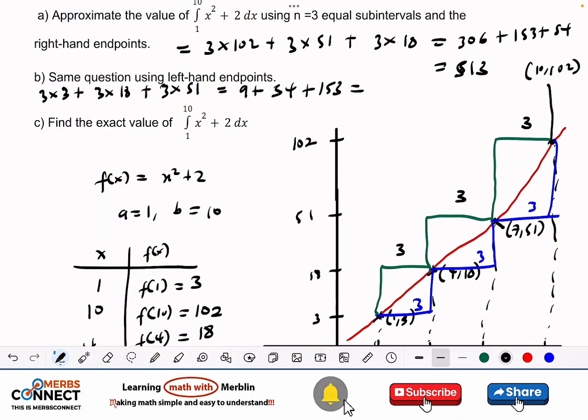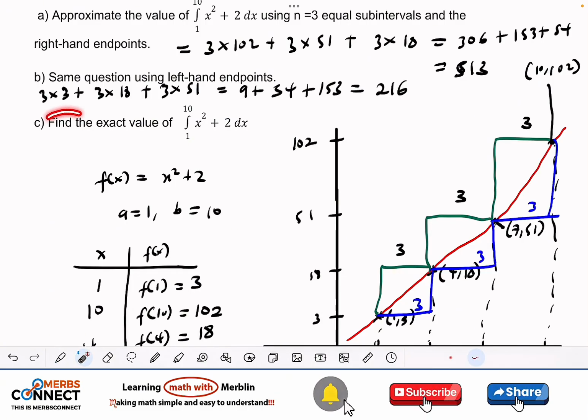Adding everything, 9 plus 54 plus 153 is going to give us 216. Good. So this is what you are going to get for the A and B.